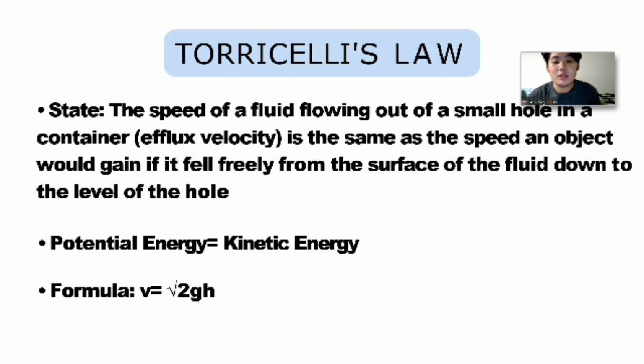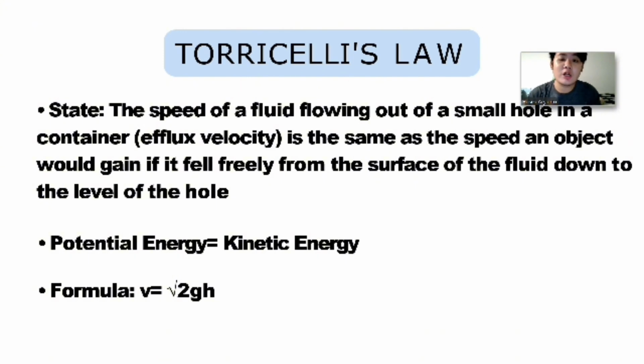In other words, the potential energy of water at the surface is converted into kinetic energy as it exits the hole. If we equate the potential energy and kinetic energy, we get the formula v = sqrt(2gh). Here, v is the instantaneous velocity at a specific height, g is gravity, and h is the height of the water above the hole at that moment.